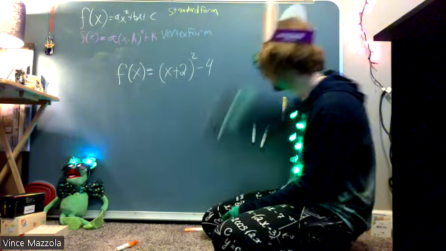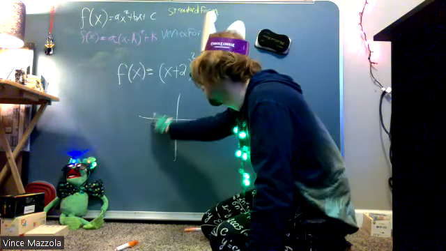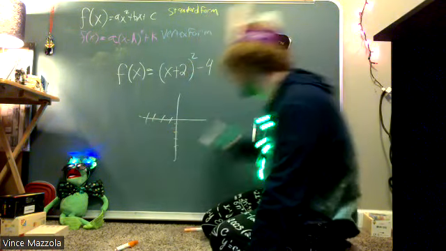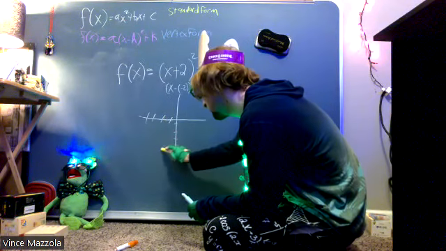Well, let's do it. This is associating our vertex where we are starting. Actually, since that's a plus inside, if you want, you could rewrite it as x minus negative 2 to kind of see the difference here, minus 4. So we're going left 2, and then down 4. So starting at the origin, left 2, down 4, and it's going to be pointing up.